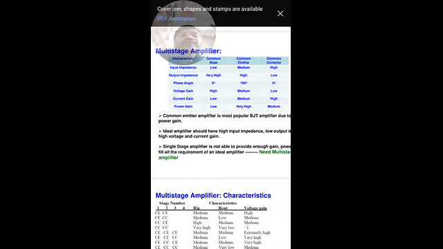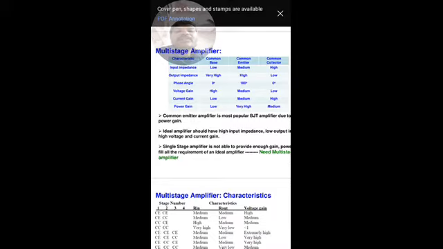So let us once again see the characteristics of three types of amplifiers: common base amplifier, common emitter amplifier, and common collector amplifier. Because they are going to be used as individual stages in a multi-stage amplifier.